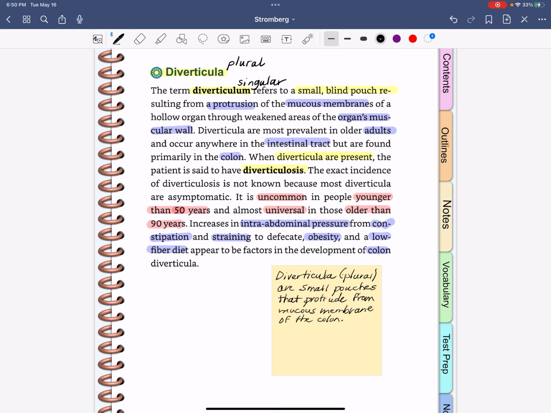Okay. When present, patient has diverticulosis.